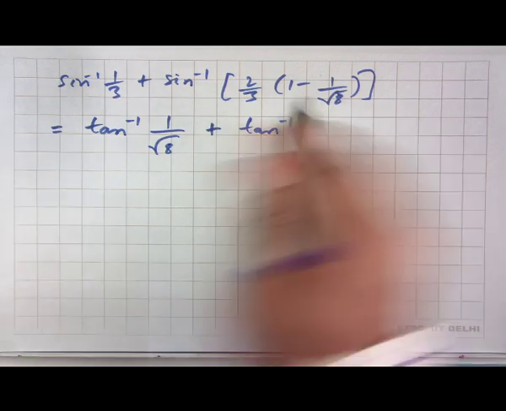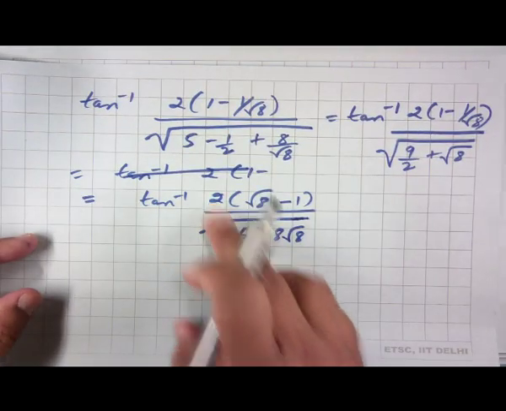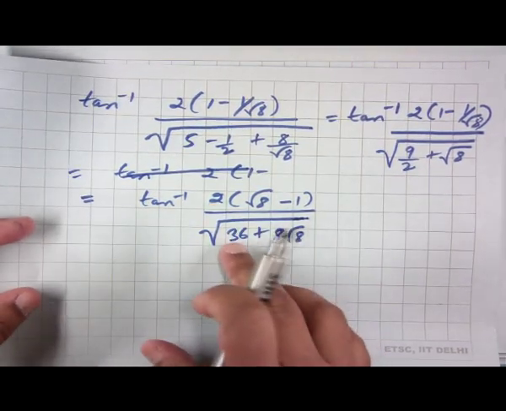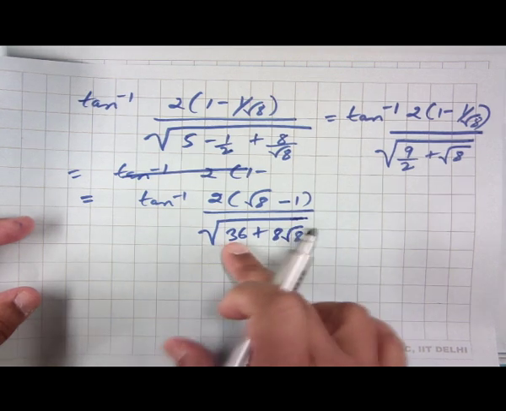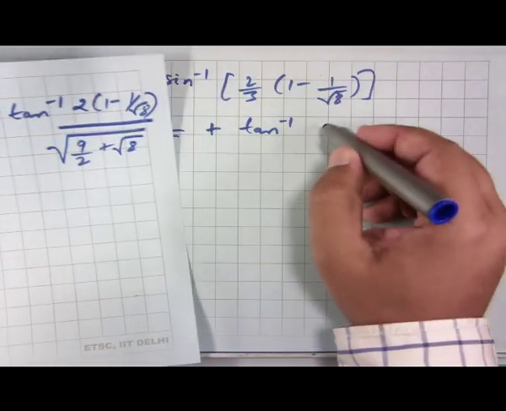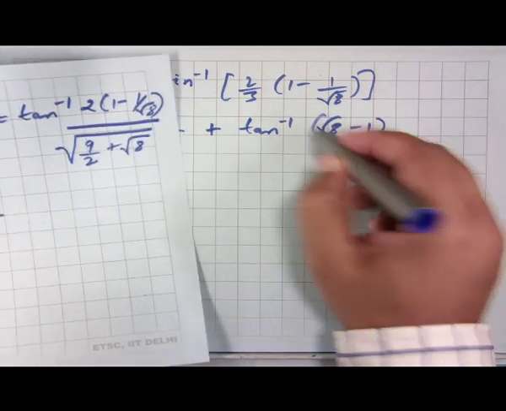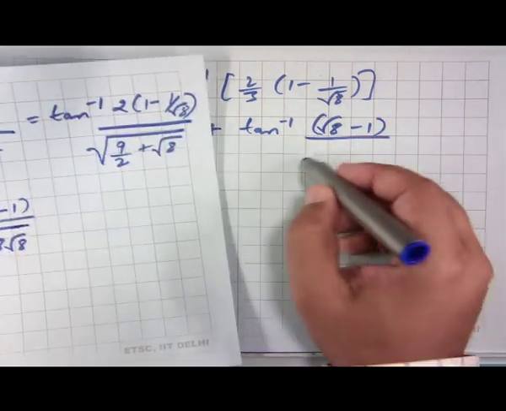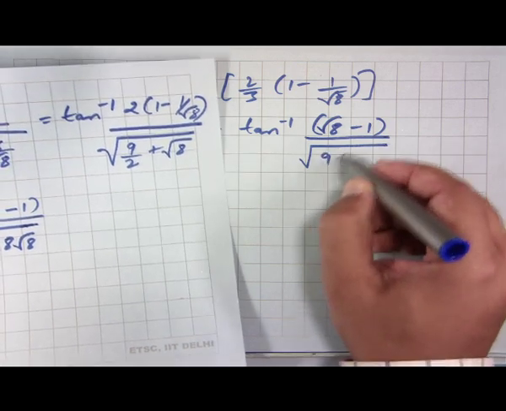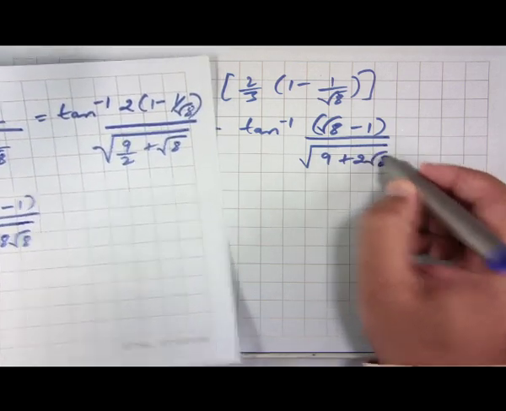So, in this expression we can cancel this 4, we can take the square root of 4 here. So, we get square root of 8 minus 1 by square root of 9 plus 2 times square root of 8.